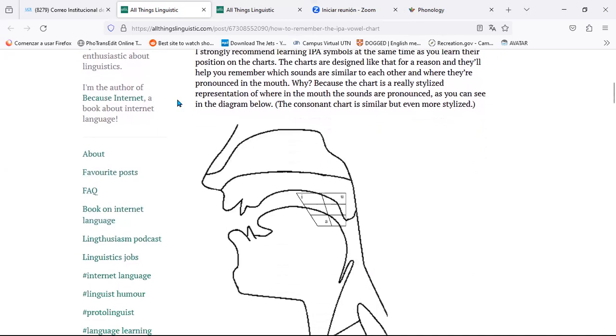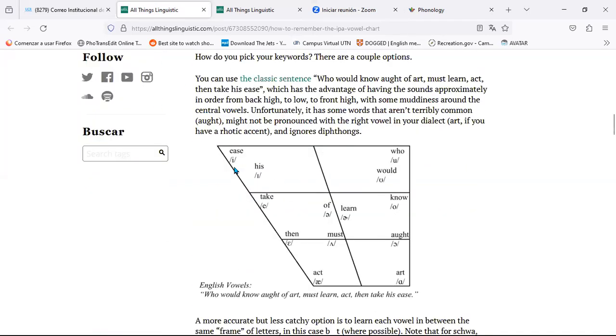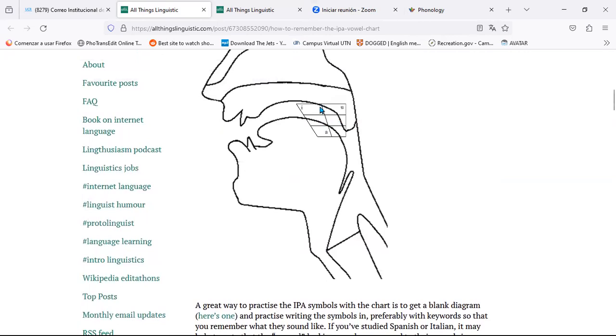When we have the vowel chart, which is this one, this is the chart of the vowels in English. It is actually something that we are imitating in the mouth.